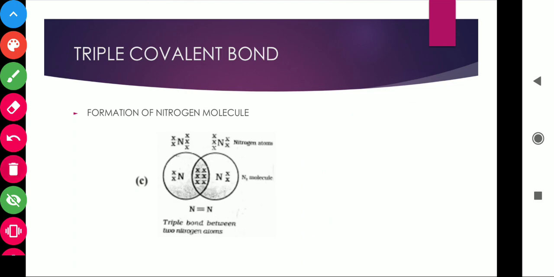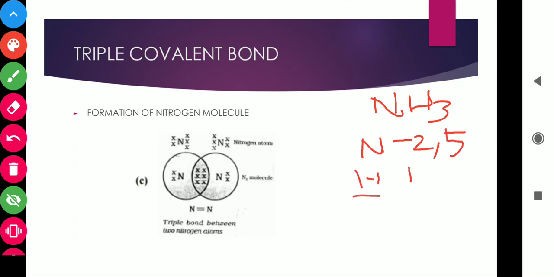If we have any example and want to find out, we will take an example, NH3. N has atomic number 7, means 2, 5. H has 1, and hydrogen can only share 1 electron, and nitrogen requires 3 more electrons.